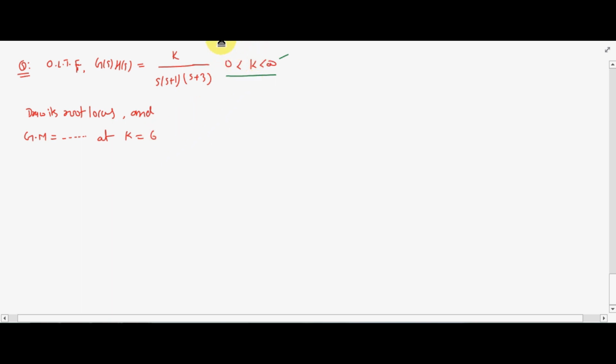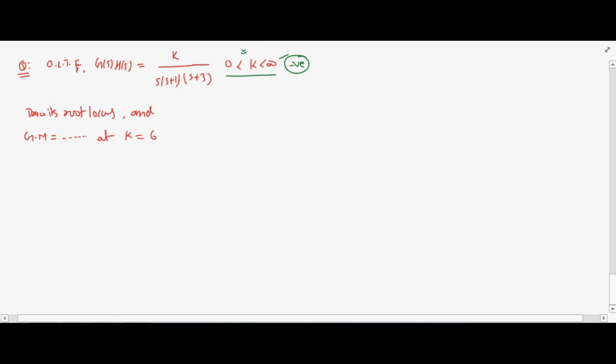Now see the importance of this part here. First of all, discuss this. k greater than 0 means k is always a positive quantity, and this will only happen for a negative feedback system. When we design a root locus for this open loop transfer function, we consider the feedback of that system to be negative feedback.